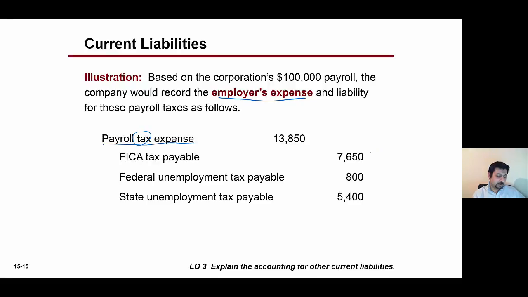They will be distributed according to these amounts. Those are the amounts that the company owes tax agencies, and when they pay them, those liabilities will be debited to decrease them, and at that point the company will credit cash.